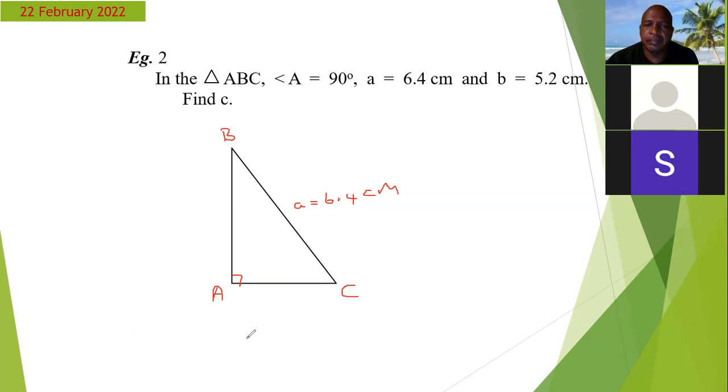And then the opposite side from angle B, down to the bottom, sir, would have the lowercase b, with the measurement of 5.2. So the side AC is going to be b because your angle B is at the top. Yes, sir. So b is equal to 5.2.